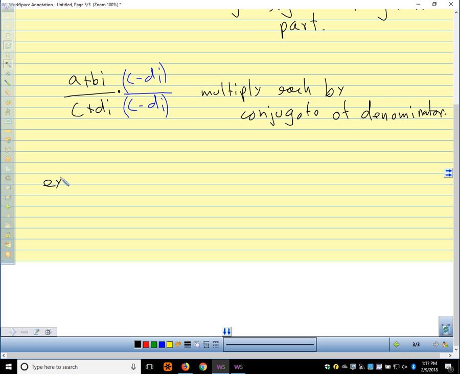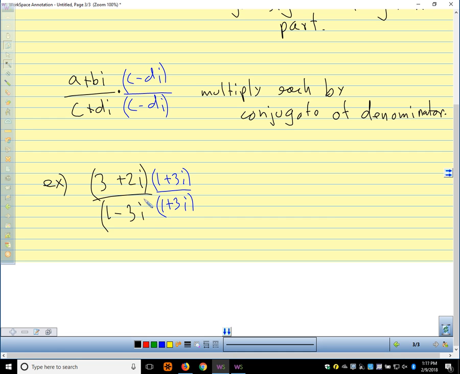So let's look at an example of doing division. Let's say 3 plus 2i divided by 1 minus 3i. So to do this division, we're going to multiply by 1 plus 3i over 1 plus 3i. I'm going to put my parentheses there so I distribute correctly.